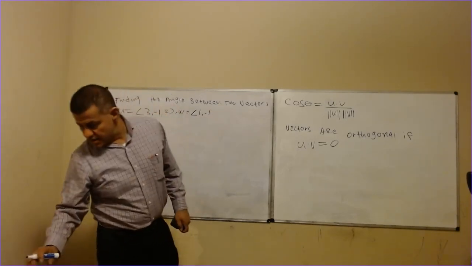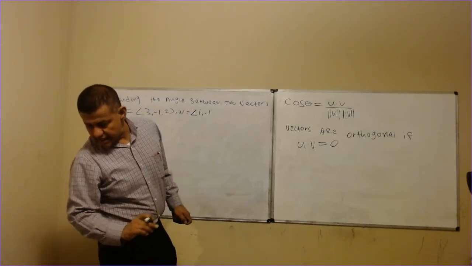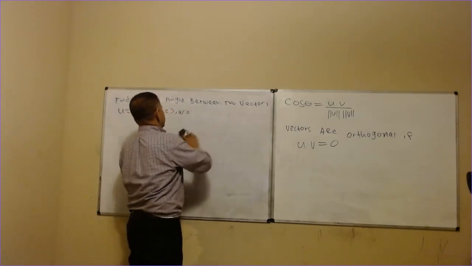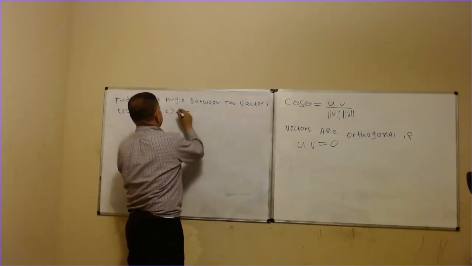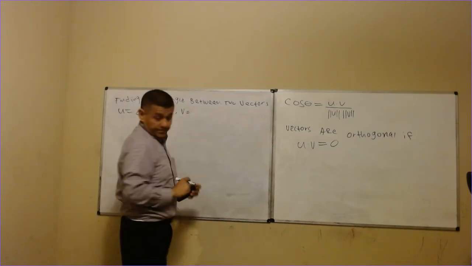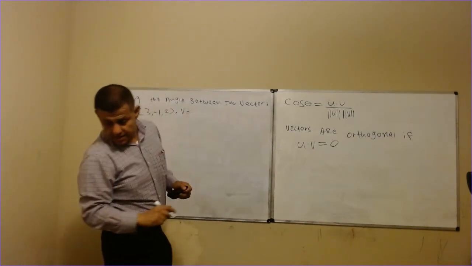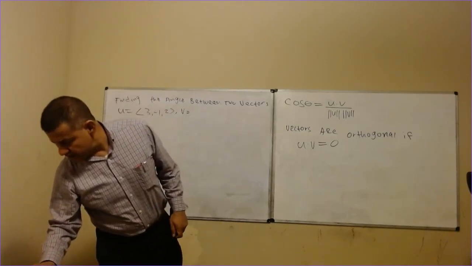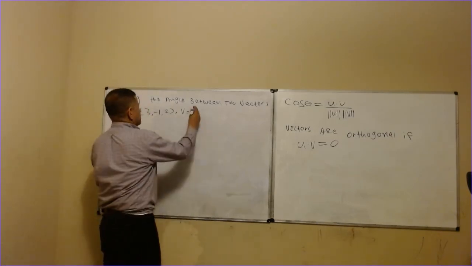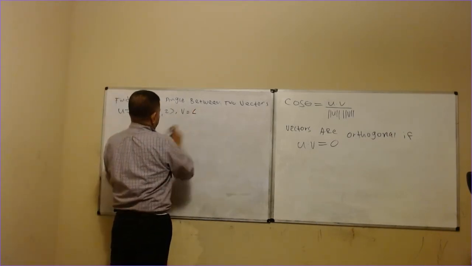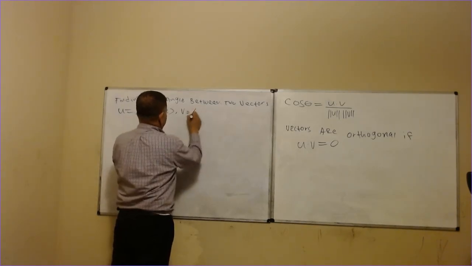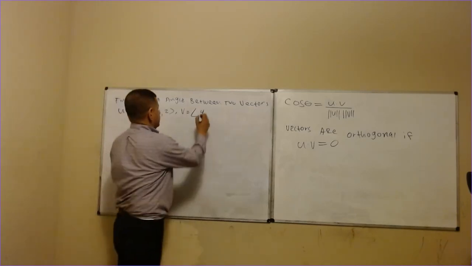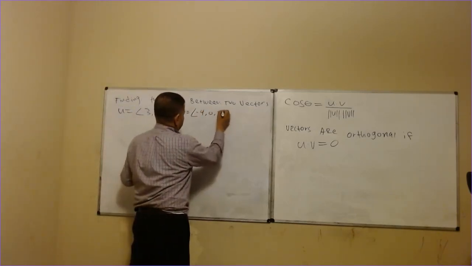Actually, I have a b in between there, so I gotta do b. So b is still a vector like this: 4, negative 4, comma, 0, comma, 2.